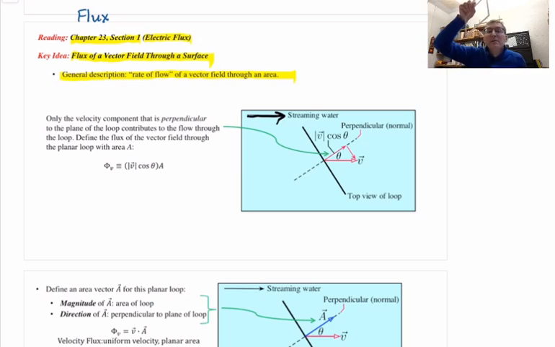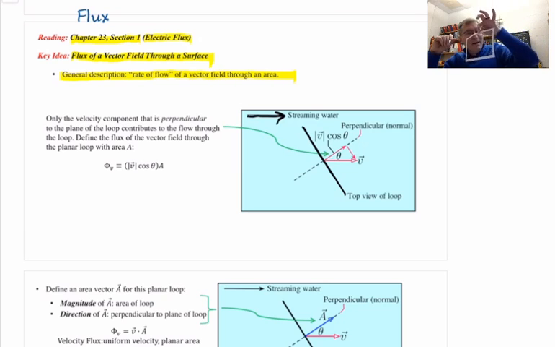Okay? But I'm immersing this frame vertically down into the flowing water. And if I do that and look from above, the frame looks like a line. That's this line right there that I just drew in black. But what you're really doing is looking down from above on the top of this frame.